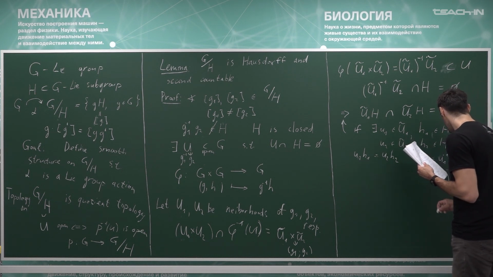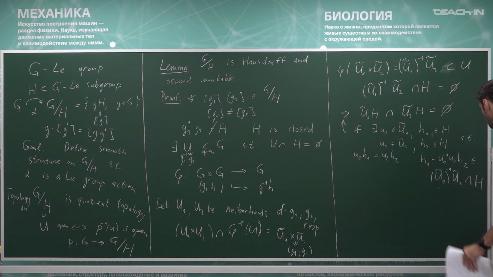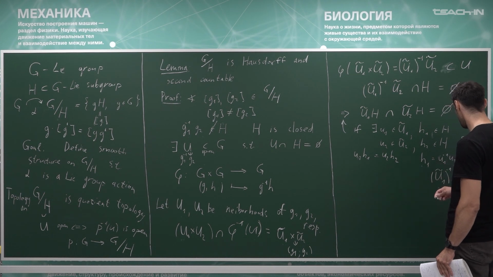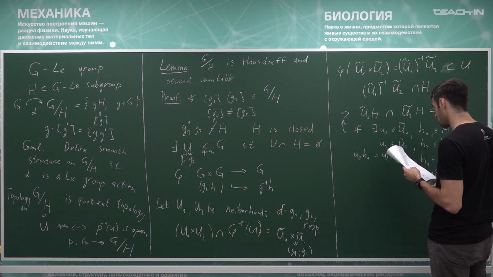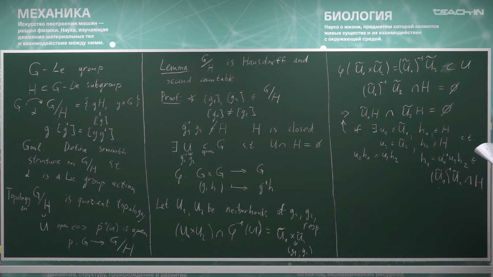this is because of this right hand side, it is in here, right? In u1 inverse tilde u2, right? So therefore, but this is a contradiction, so we cannot have anything like this.